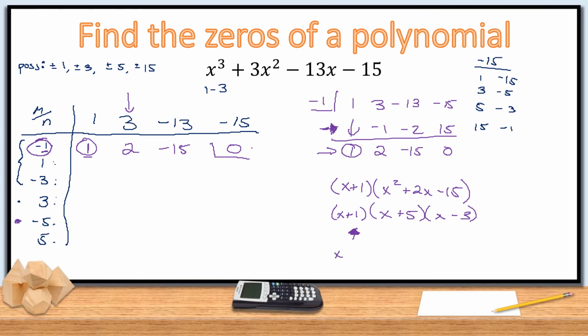So I'm looking down here and I'm saying, okay, this is minus 1, minus 5, and positive 3. So if I tested positive 1 and negative 3, I wouldn't have gotten a 0. It would have been the 3 and the negative 5. I would have had to get all the way down there before I would have found my other 2. So you can do it that way. You can do it with factoring the remaining quadratic.